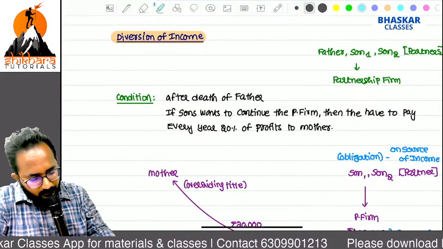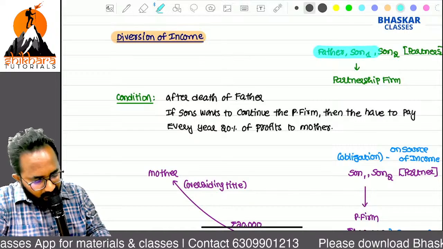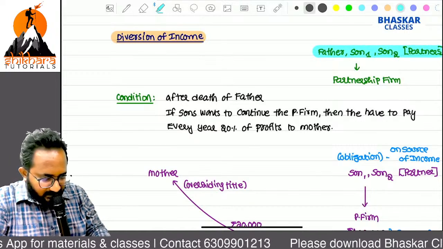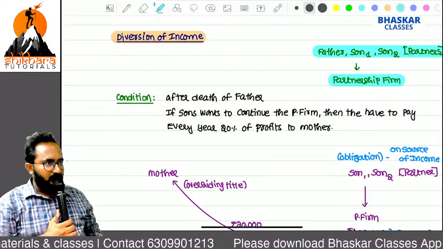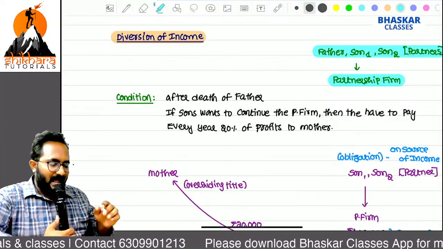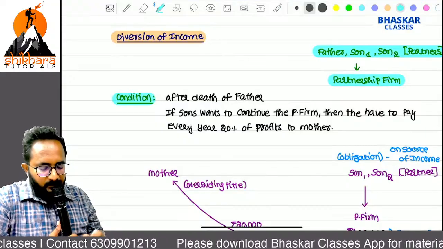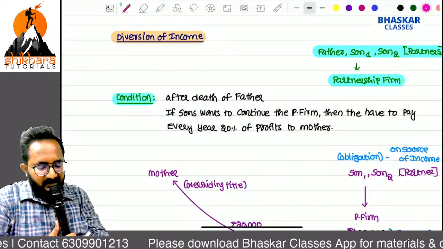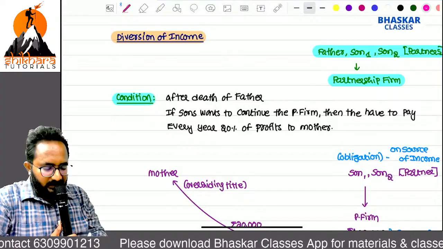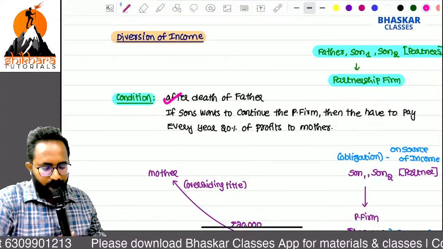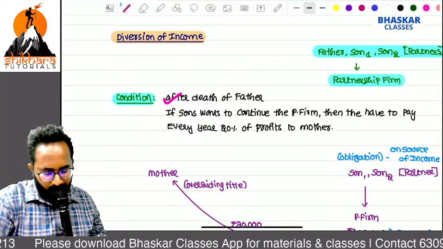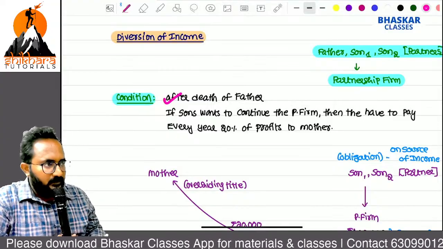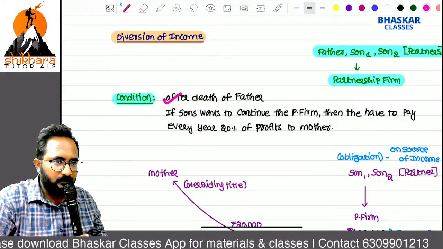Remember, father, son 1, son 2 started one partnership firm. Who are the partners, ma? Father, son 1, son 2. Sir, as per their partnership deed, they inserted one condition. After the death of their father, sons would need to dissolve the partnership firm.